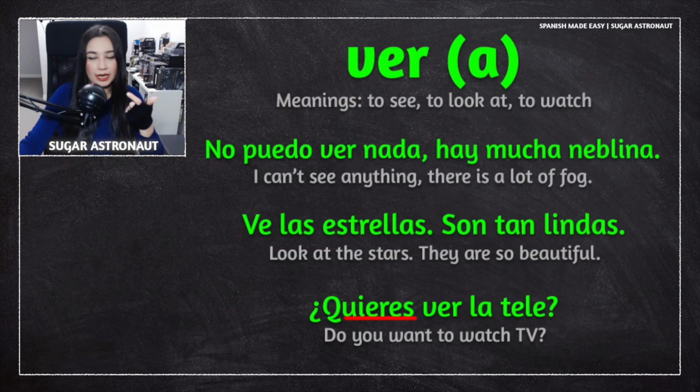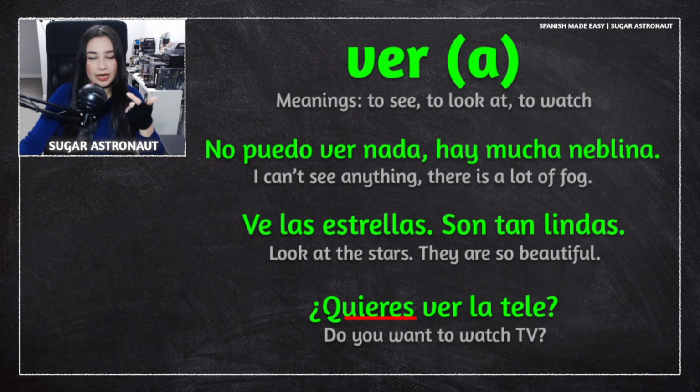And then add a verb and then the rest. In this situation, we have ¿quieres ver? Do you want to watch? Ver, watch, la tele. La tele means TV or the TV, okay?